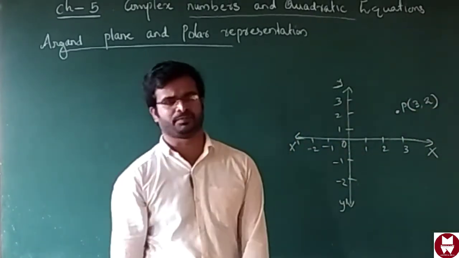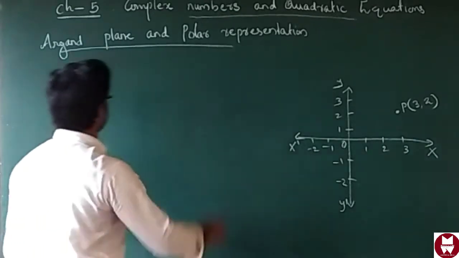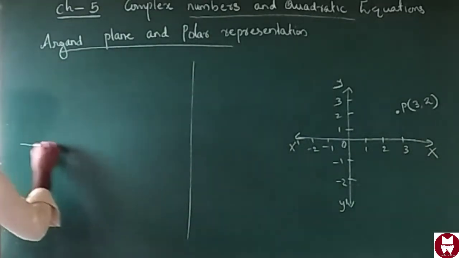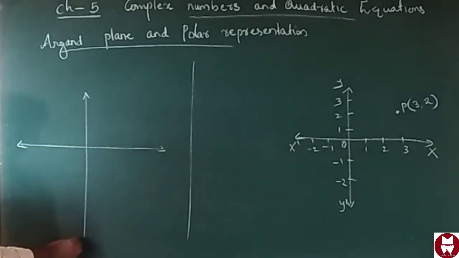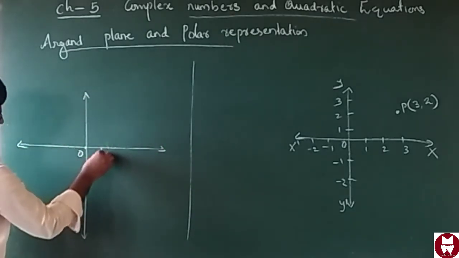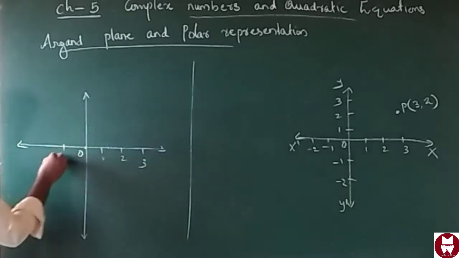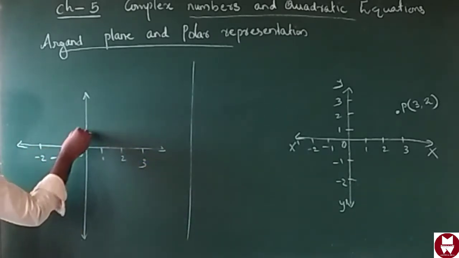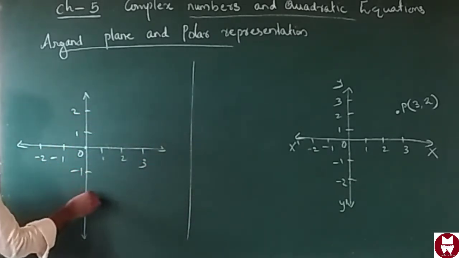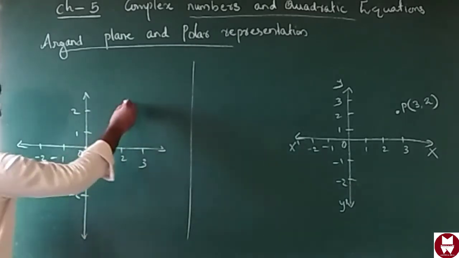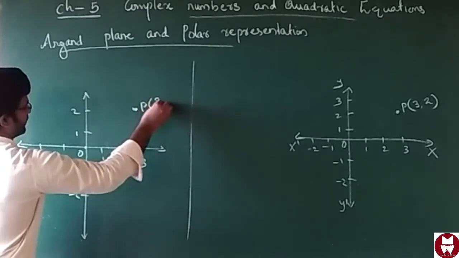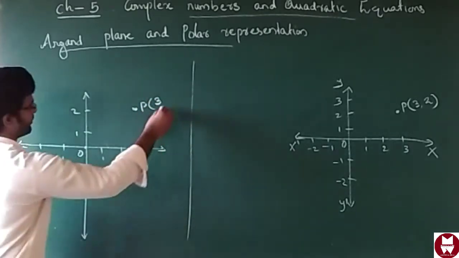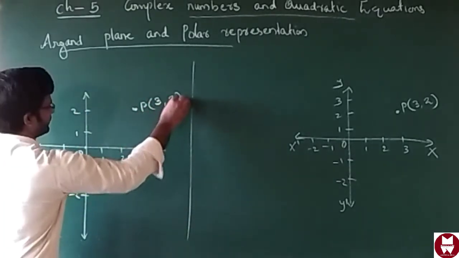This is the Cartesian plane. Then the Argand plane means the same as the Cartesian plane only. If you mark one point here, P, the x value is 3, then the y value is 2.